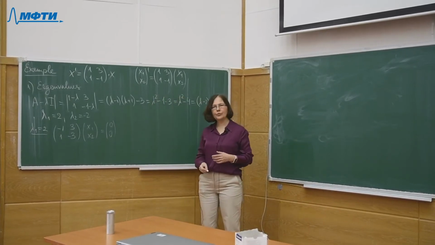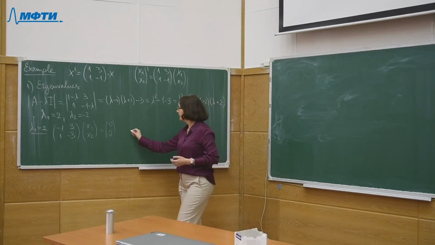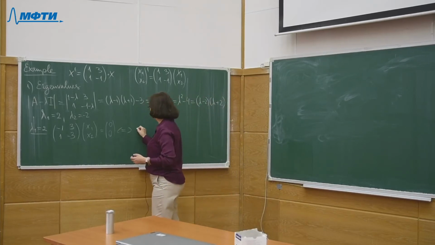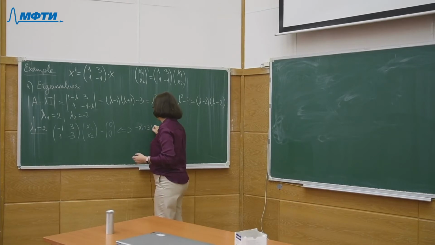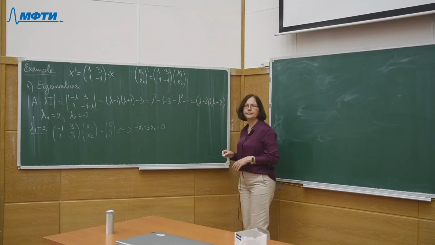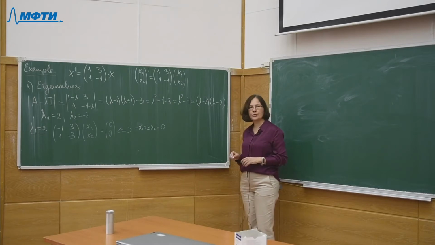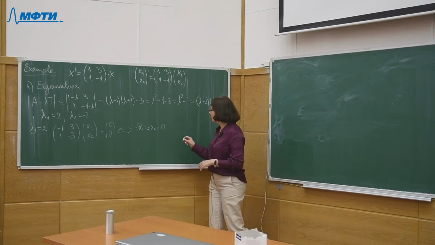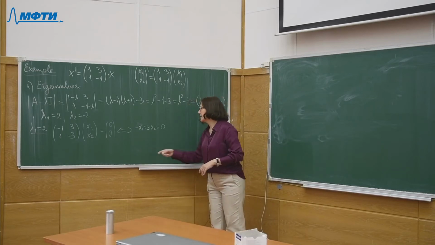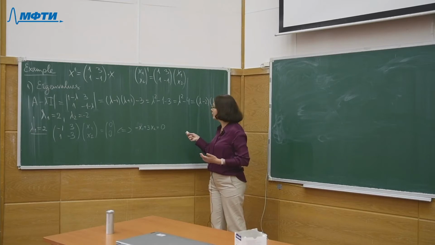So solve this linear equation. It is the same as minus x1 plus 3x2 equals 0. And I don't want to find all the solutions of this equation, so it is enough to find just one non-trivial solution.